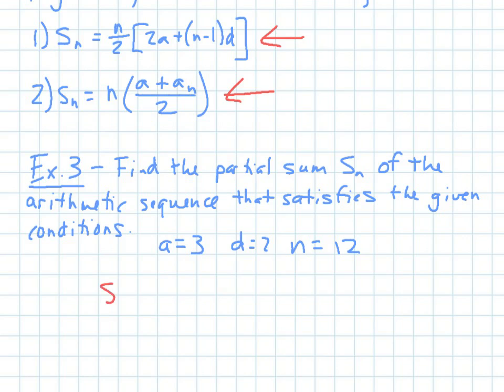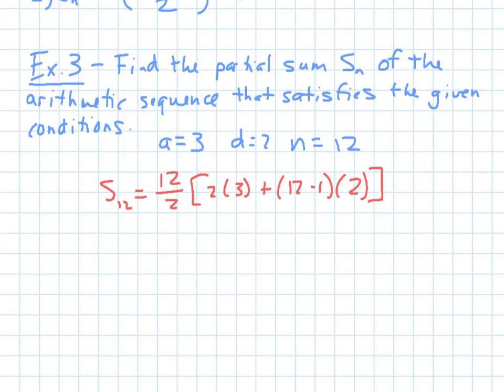So s sub n, or it looks like it'd be s sub 12 in this case, will be 12 divided by 2 times 2 times 3 plus 12 minus 1 times 2. Okay, so now all we need to do is simplify. So 12 divided by 2 is 6. 12 minus 1 is 11.